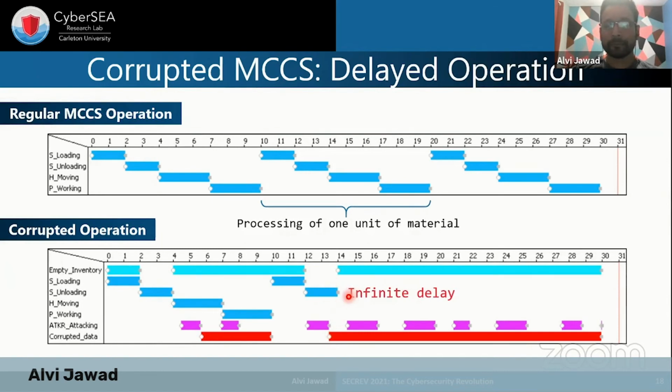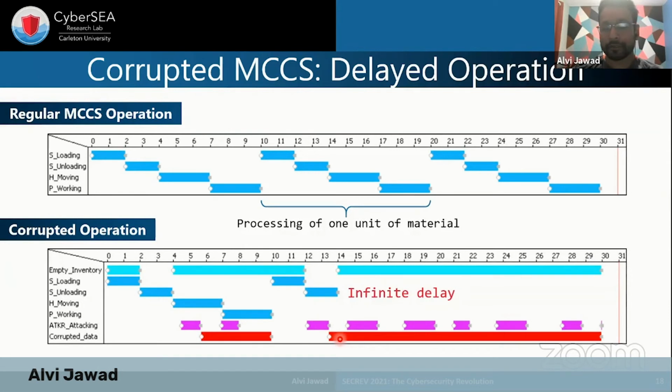Because at this point, before the handling agent moves the material, it needs to know whether the material is even there or not. So the handling agent tries to check the process variable that has been corrupted by the attacker. In that case, the system is waiting because it can't read the corrupted value.